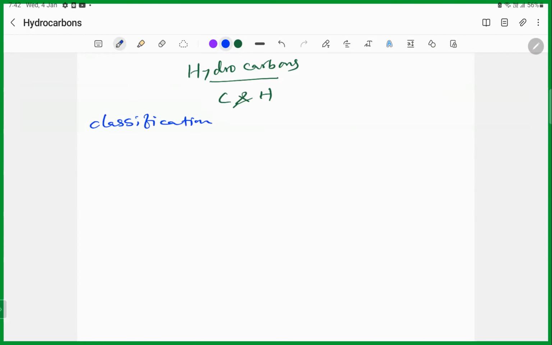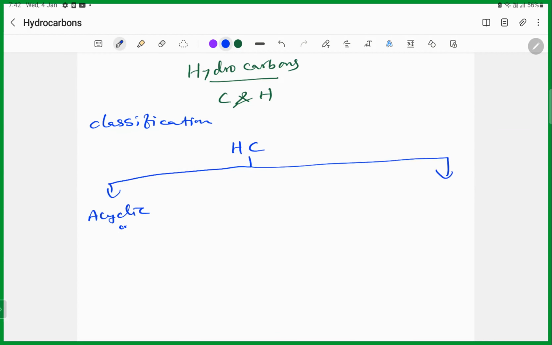When classifying hydrocarbons, you can first classify them into two types. One is acyclic or open chain compounds, and then cyclic hydrocarbons. The open chain compounds have open chains of carbon atoms in their molecules.